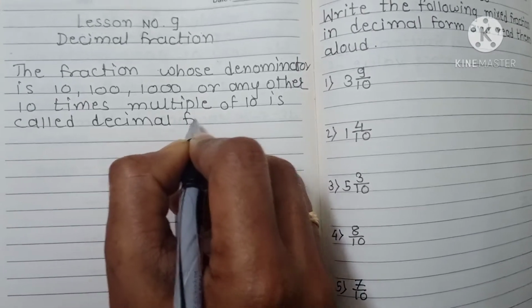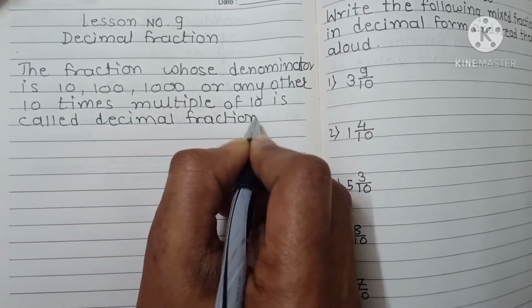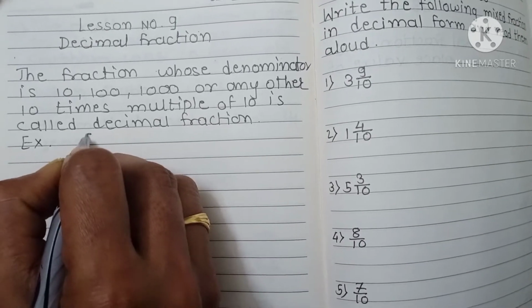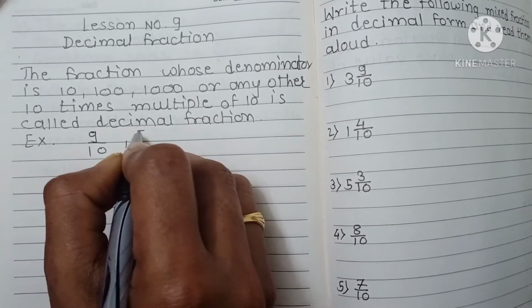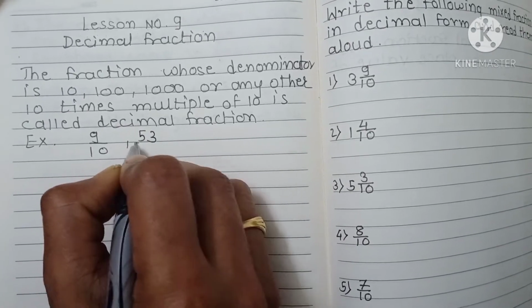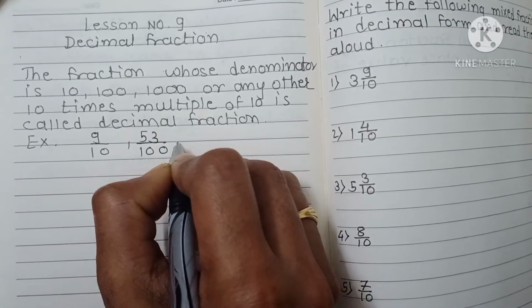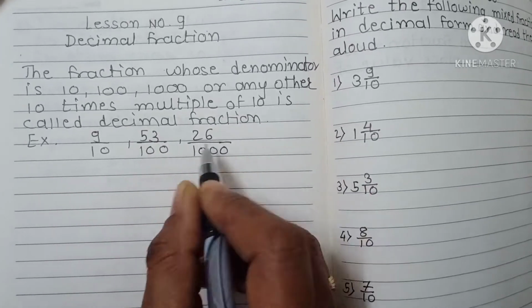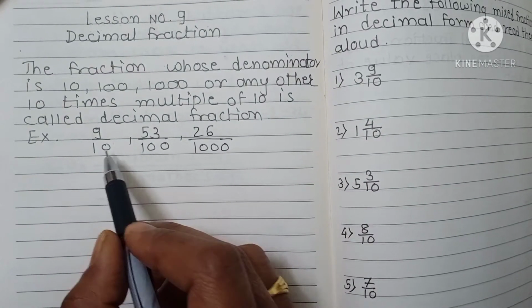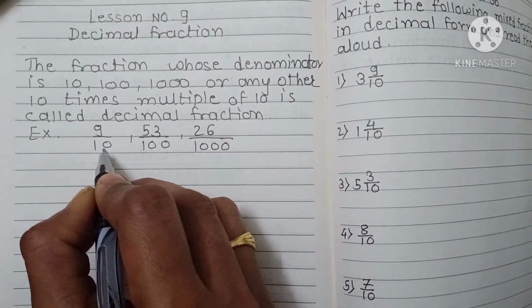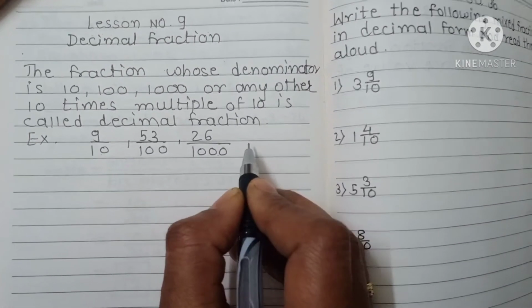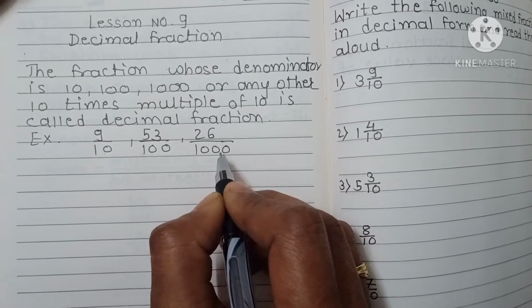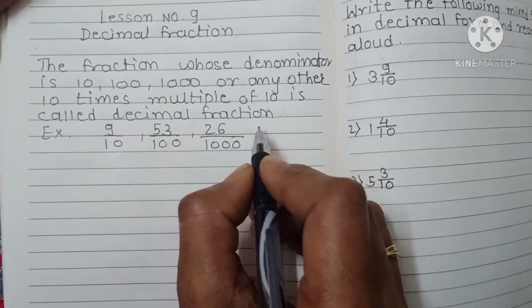Let's take some examples. For example, 9 upon 10 or 53 upon 100 or 26 upon 1000. In this case you can see in the denominator there is a 10, 100, 1000 or any other multiple of 10. That type of fraction is called a decimal fraction.